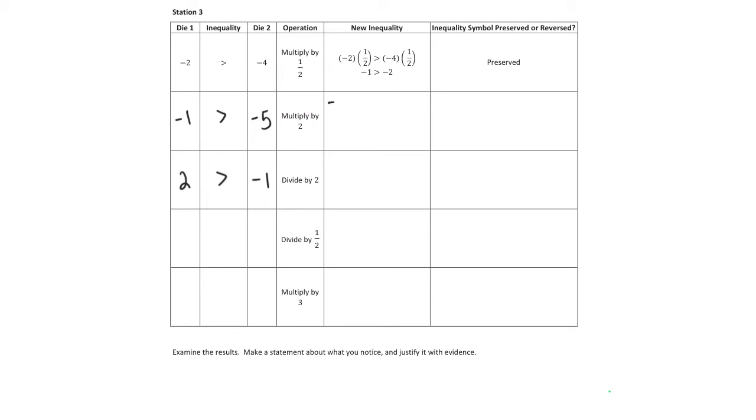So I have negative 1 times 2 is greater than negative 5 times 2. So now I have negative 1 times 2, which is going to give me negative 2, and negative 5 times 2, which is going to give me negative 10. Now I know negative 2 is greater than negative 10, so did my inequality change? No, it did not, so it is preserved.